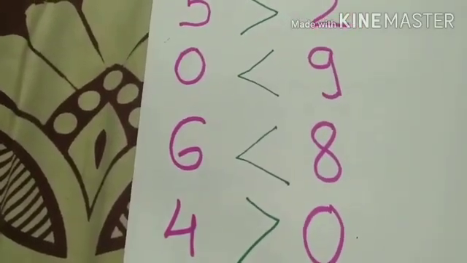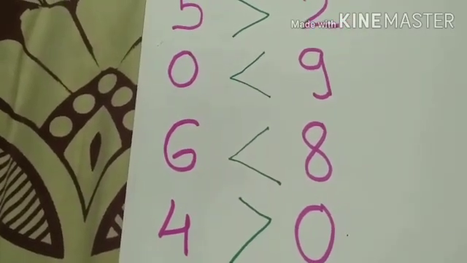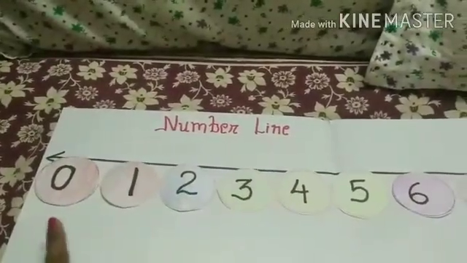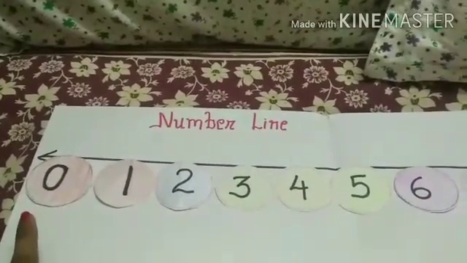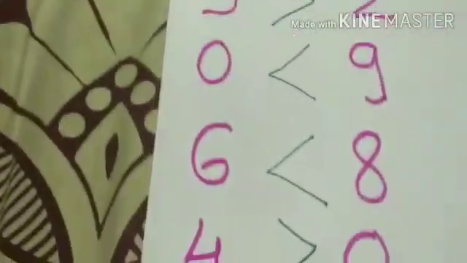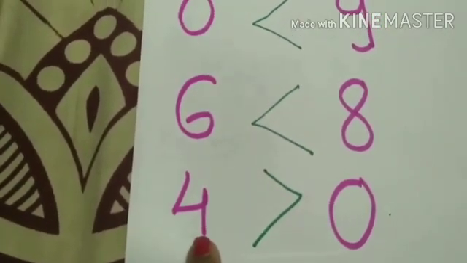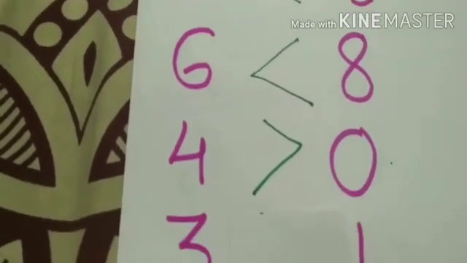Now 4 and 0. We'll check on the number line. 4 is far away from 0 and number 0 is 0 itself. So we have to see the first digit only. So 4 is greater than 0. We'll put the sign of greater than.